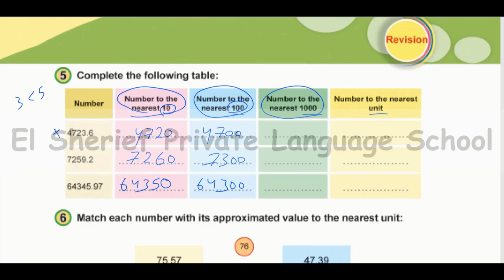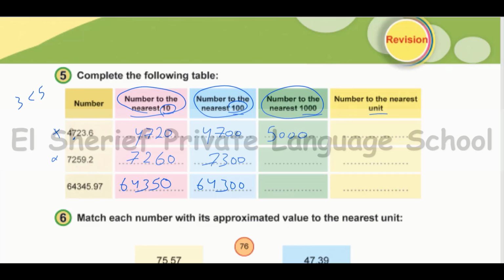We look at the hundreds place. The hundreds place we have 7. 7 is more than 5, so 4 becomes 5. Then put 0 in the unit, tens and hundreds. We must have 3 0 in unit, tens and hundreds.